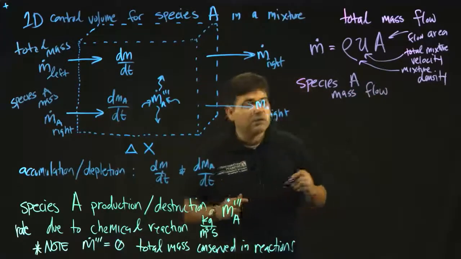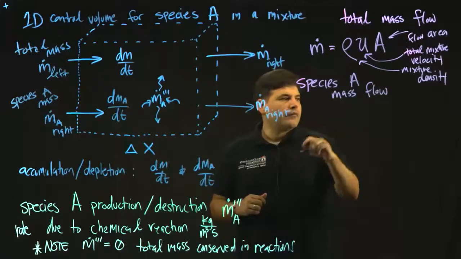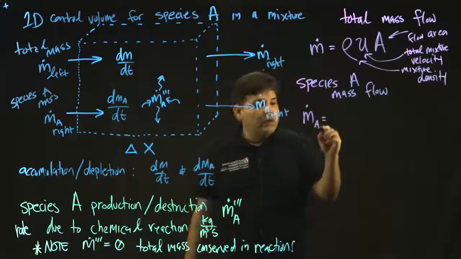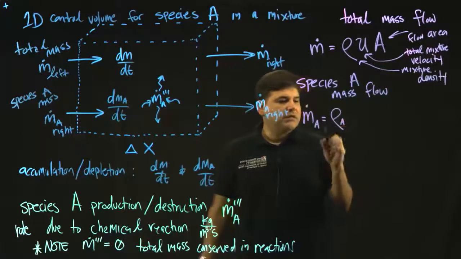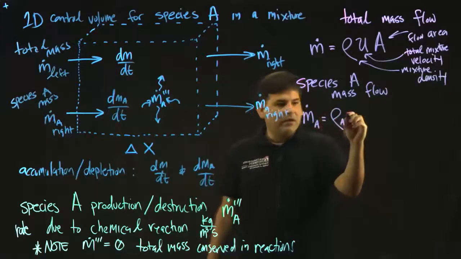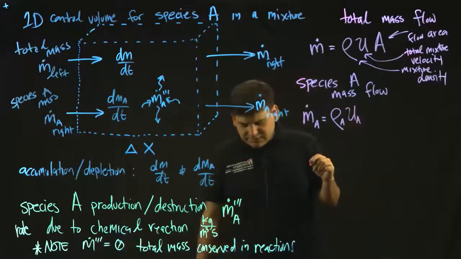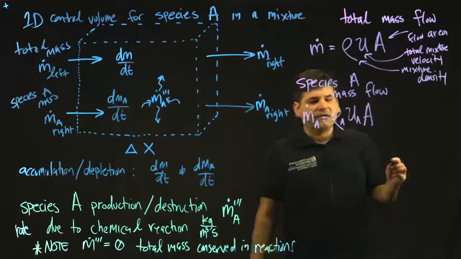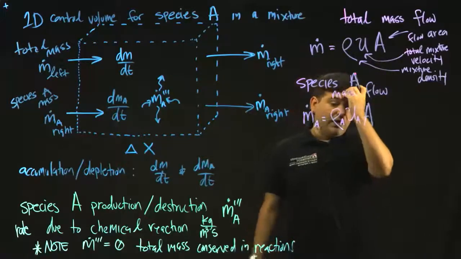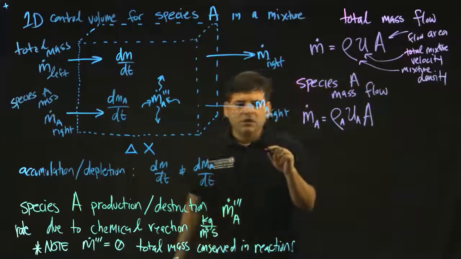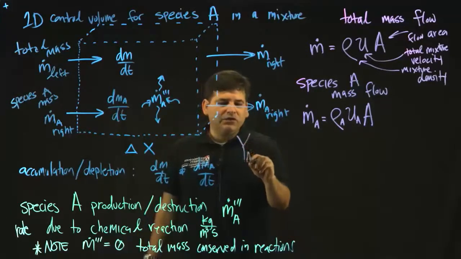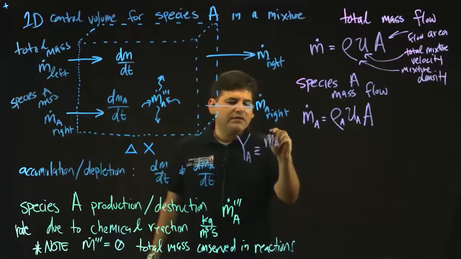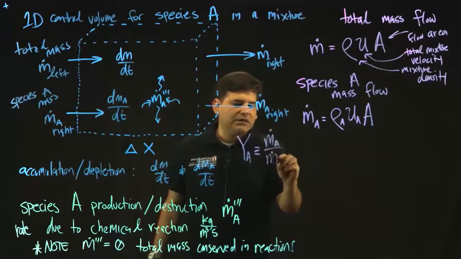Species A mass flow, similarly, just for this A species, it will be the density of only this species, and I'll show you what I mean by this. It's actually a concentration. Another way to use the mass fraction, by definition, is the mass flow rate of A over the total mass.